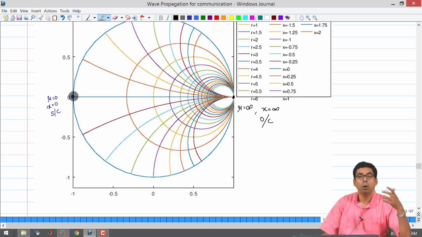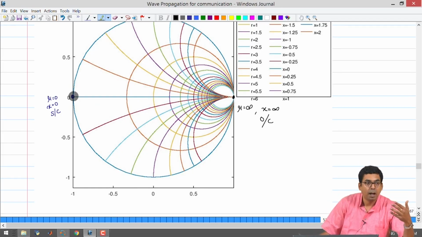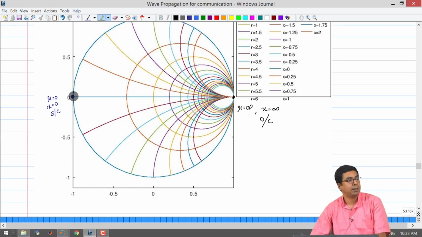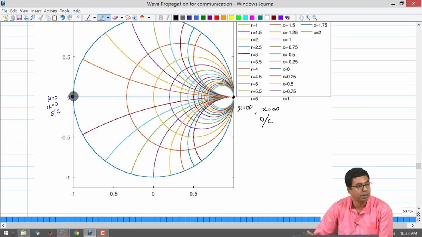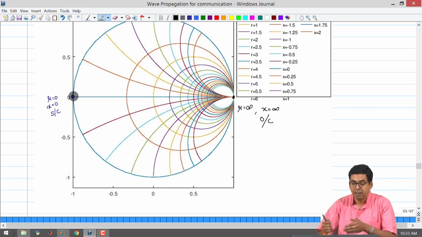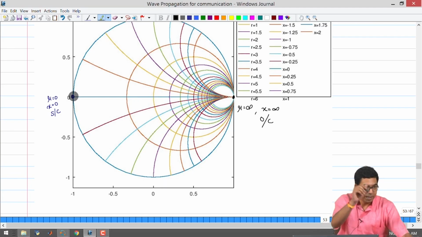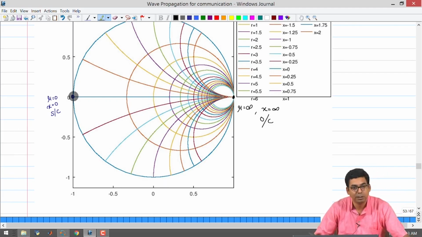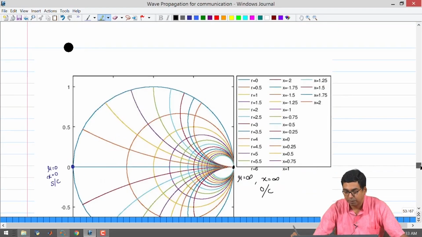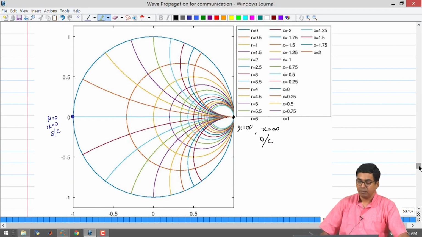So, given a load impedance and given a transmission line characteristic impedance, and if the transmission line is lossless, you should be able to go to the Smith chart, quickly identify the point, and immediately say what the value of the complex reflection coefficient is going to be. Now, there are also two other points that we have to remember.